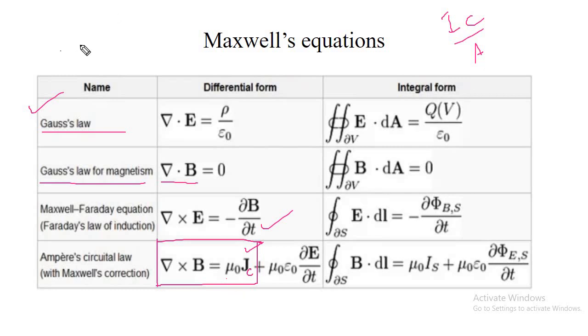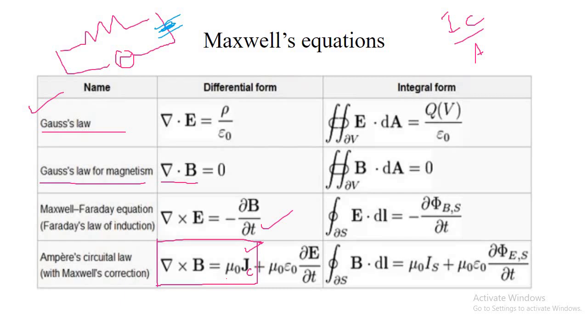Now, if you have a circuit with a resistor connected to an alternating current and you are talking about its magnetic field, then this equation is valid. But if you connect a capacitor with some dielectric material inside, then through this red region you get IC or JC in the system.